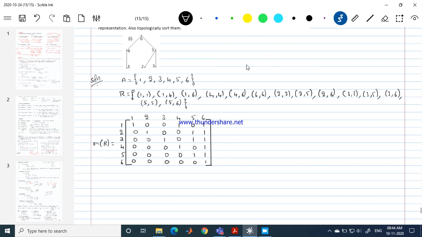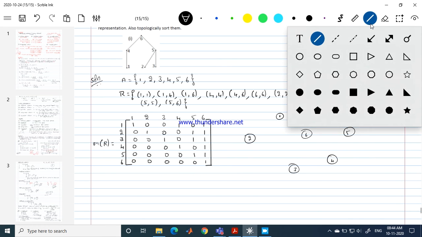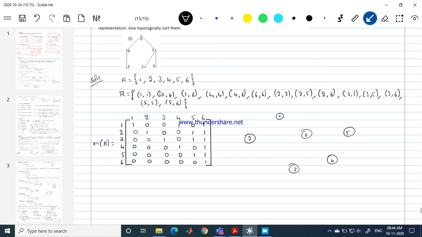Okay, next let me discuss the digraph representation. For a digraph you can use dots, or small circles, to represent the vertices. So 1, 2, 3, 4, 5, 6. Now let me draw the edges. 1 to 1. I will write the loops later.